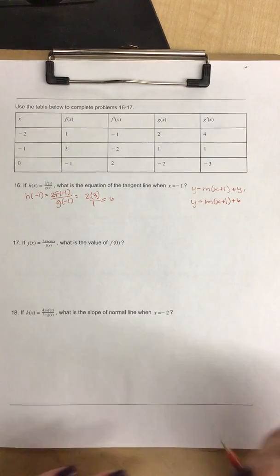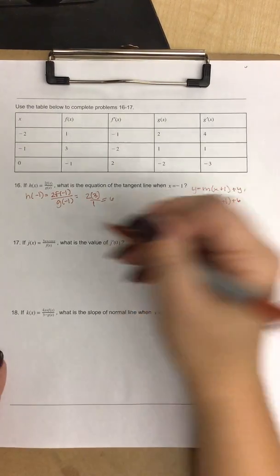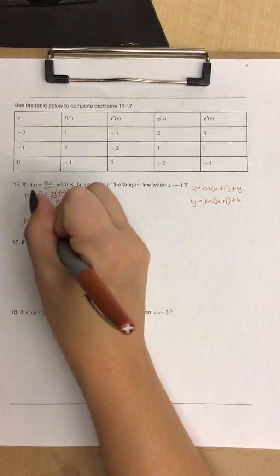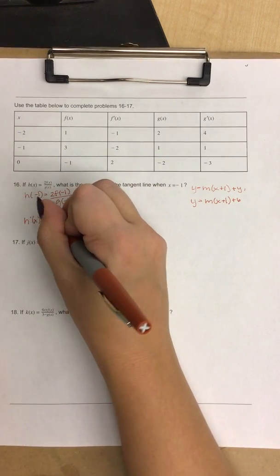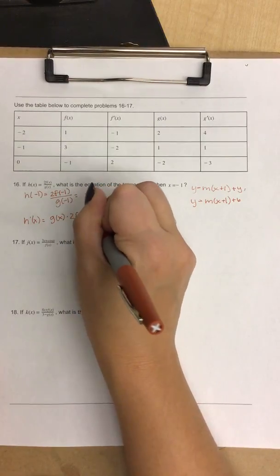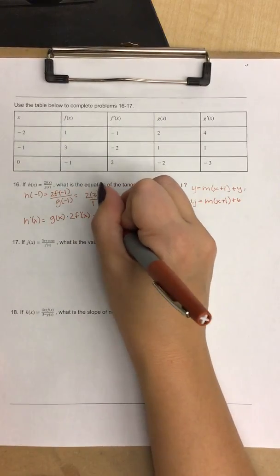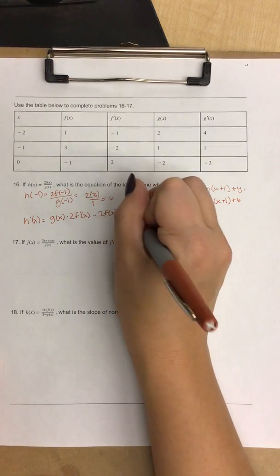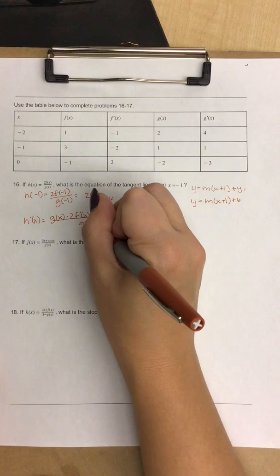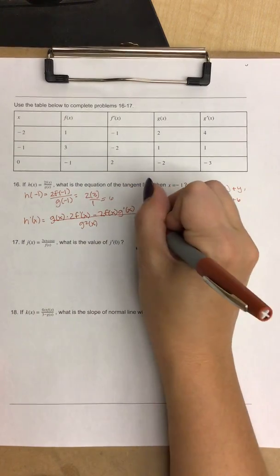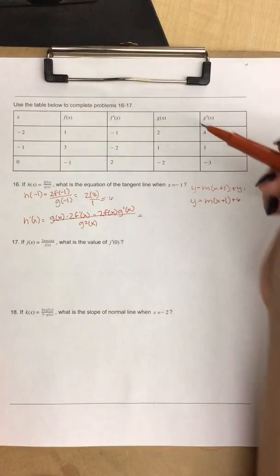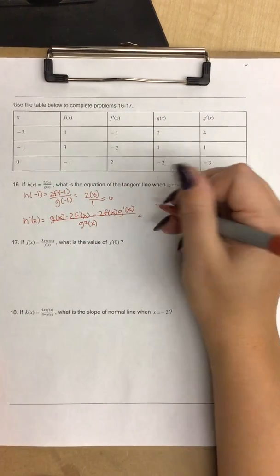All right, and then for the slope, I just need to find the derivative at that point. So the derivative of h is a quotient rule problem. So I've got low d high minus high d low over low low. And I'm evaluating this at -1, so I'm just going to plug in all these values.